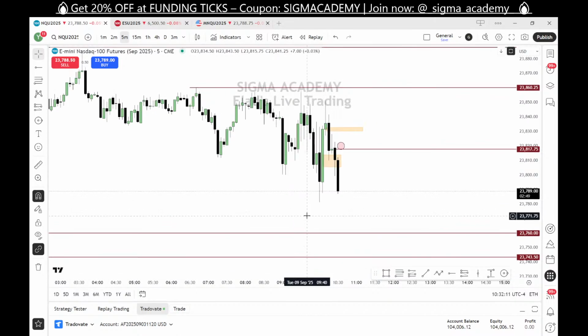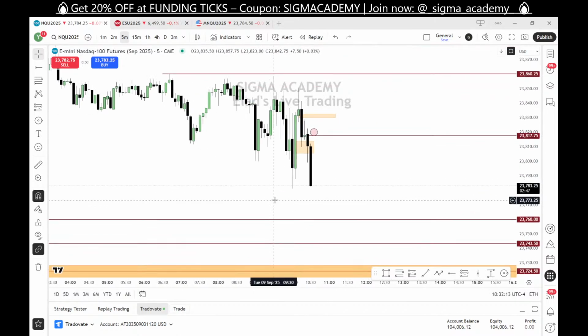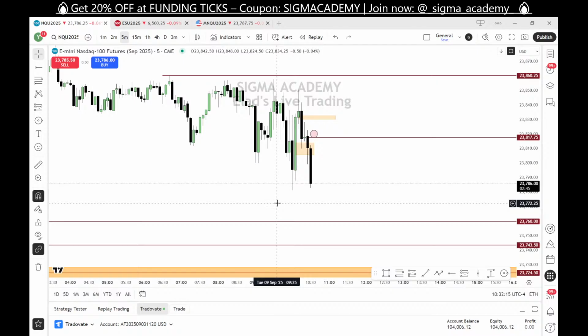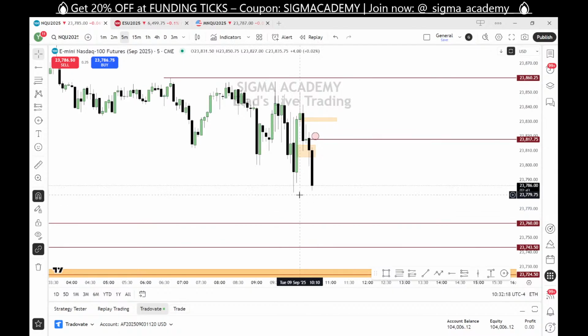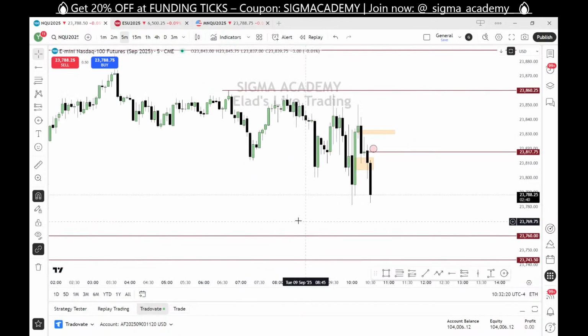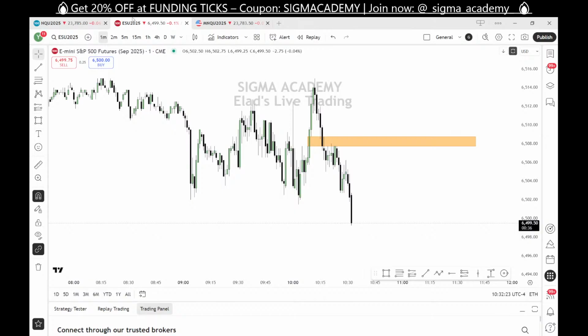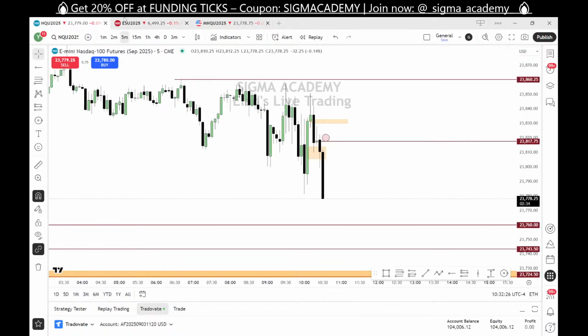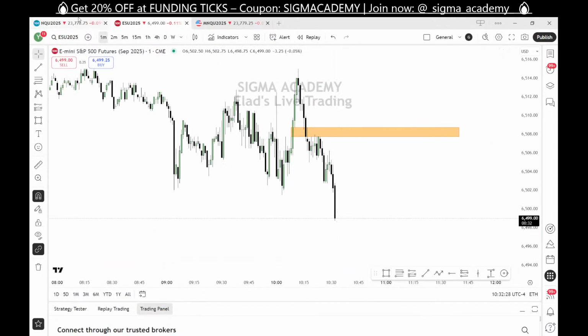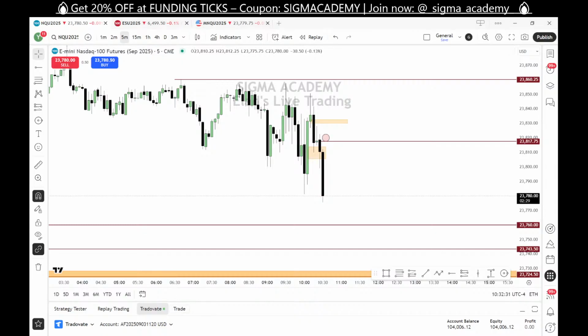But it was a nice try. Maybe we are waiting for the PPI. ES block structure, also the NQ. There will be no long for today.